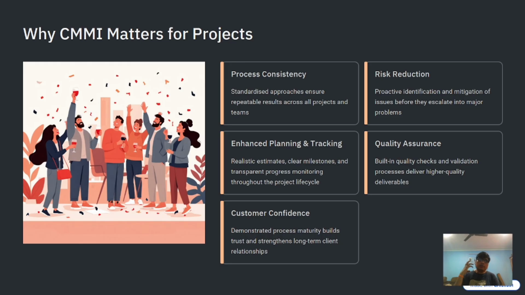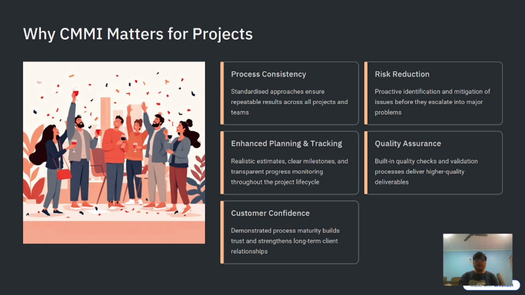If the risks are not handled at the initial level, they will gradually grow up, and at a certain point, they will escalate. The customer will escalate on those risks, because those risks will turn into issues. So CMMI helps to reduce these risks and to avoid those issues which can occur in the future.